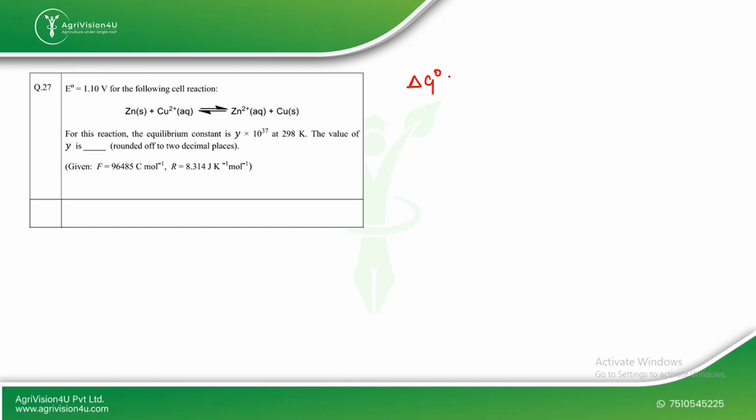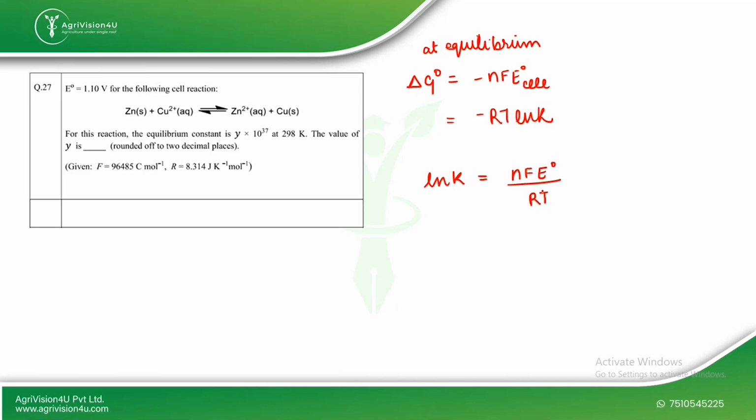We know that at equilibrium, delta G naught is equal to minus RT ln K, or more specifically, since the number of moles is not mentioned, it is equal to minus nF E naught cell, which can also be written as minus RT ln K. If I equate them, I can write ln K is equal to nF E naught divided by RT.